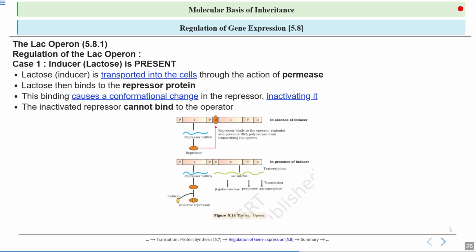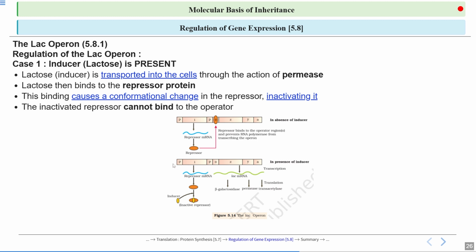So, what is happening here? Understand it properly, with all your focus. First, this is the case when the inducer, the lactose, is present. This inducer is transported into the cell with the help of the permease that the structural gene Y encodes. Now here is the lactose, you can see.